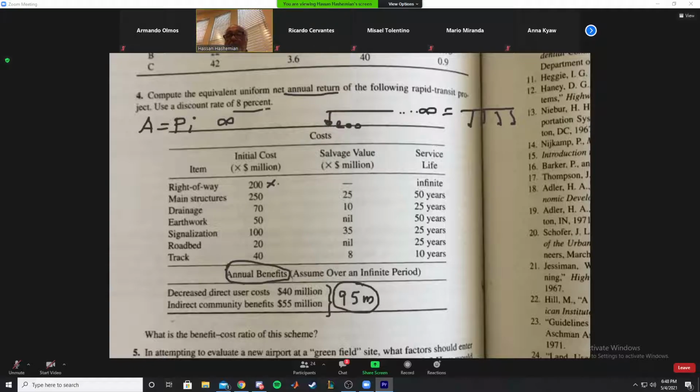If I multiply 200 million by 0.08, I get 16 million. So 16 million will be each year, forever. Any question on that?